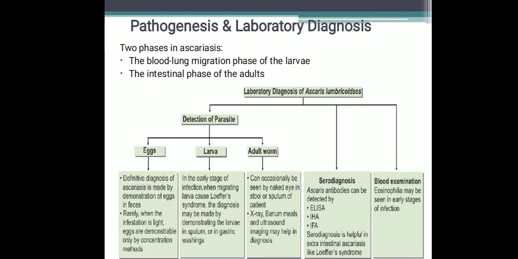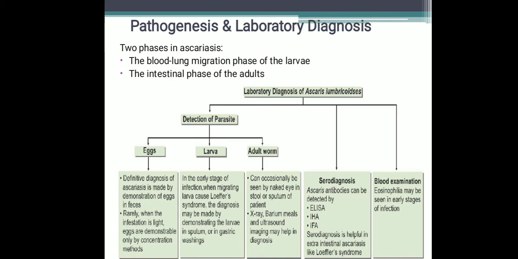Wandering adults may block the appendiceal lumen or the common bile duct, and even perforate the intestinal wall. Thus complications of Ascariasis such as intestinal obstruction, appendicitis, biliary ascariasis, perforation of the intestine, and pancreatitis, etc. may occur.